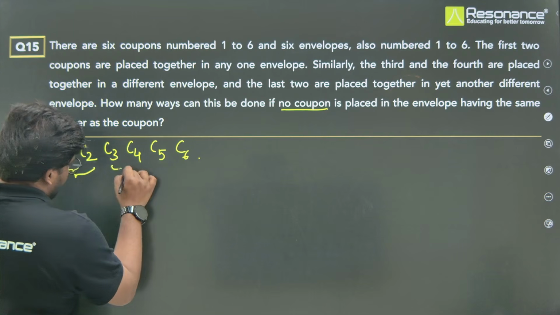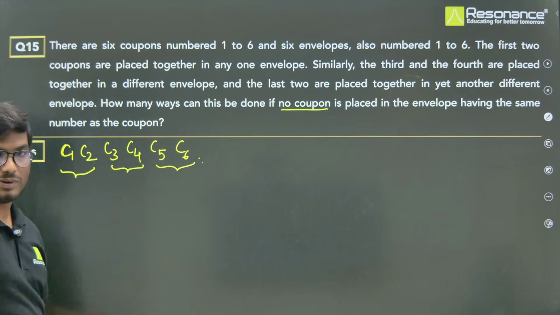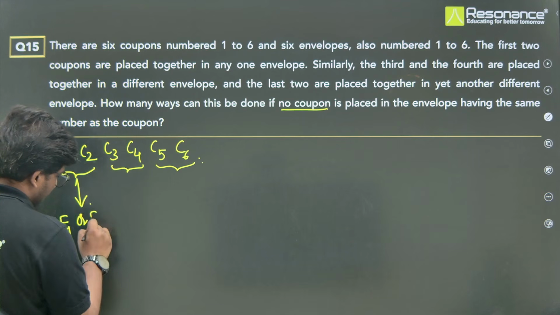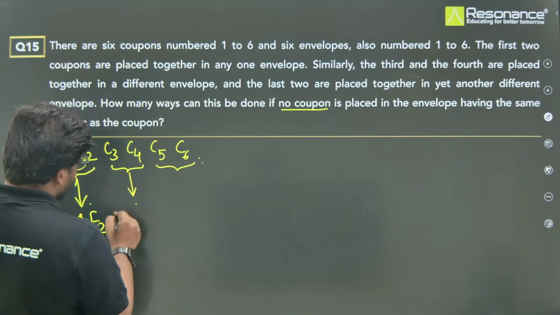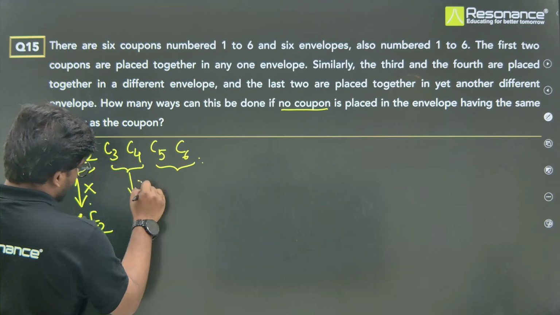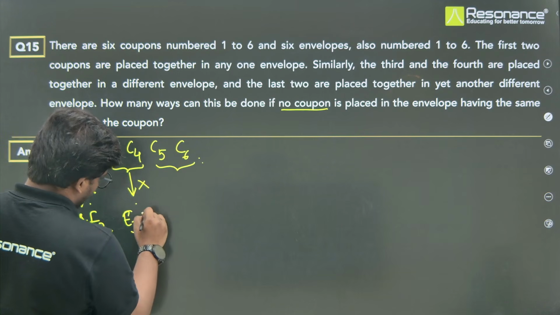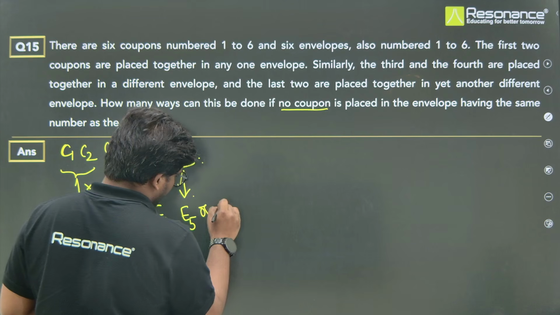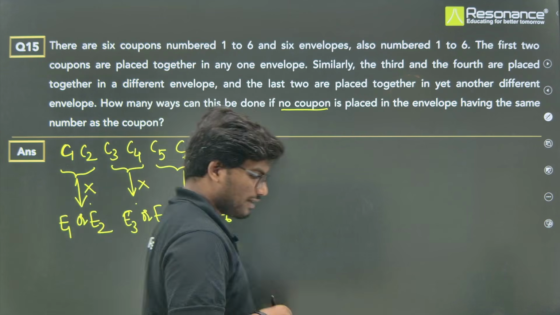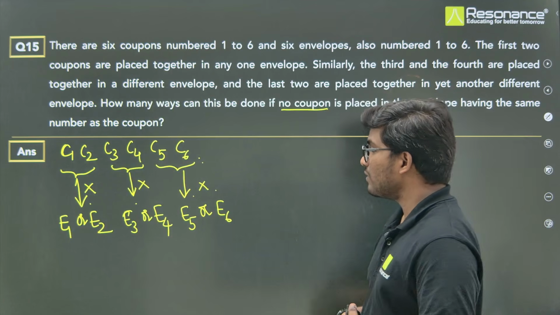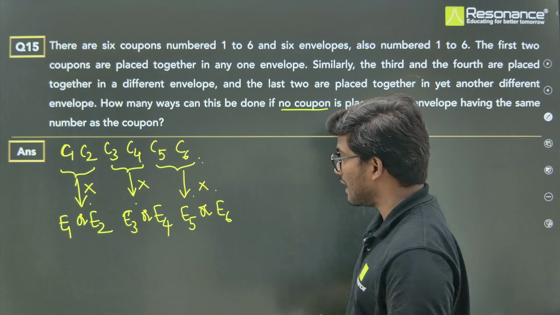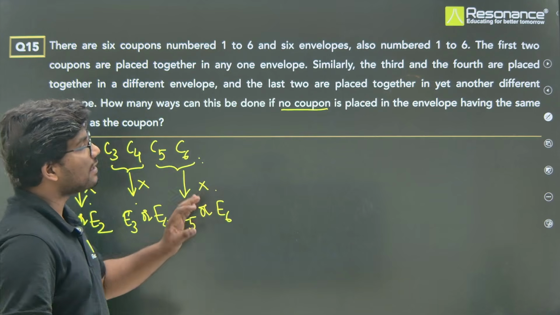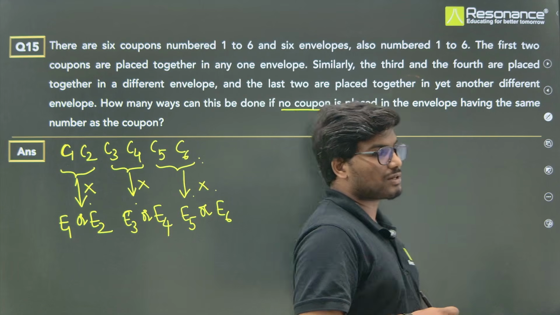So they're grouped. Now this should never go to E1 or E2, envelope 1 or envelope 2. This should never go to envelope 3 or envelope 4. And this should never go to envelope 5 or envelope 6. Right? Since this is the case, let's get to the fundamentals. My essential idea for the question lies in something as basic as the inclusion and exclusion principle.